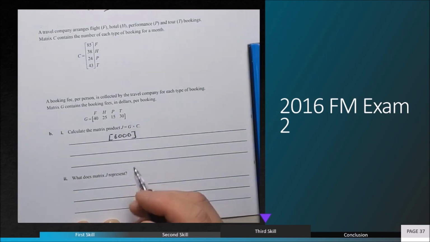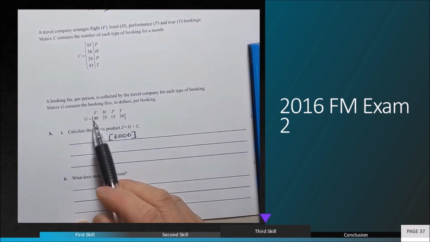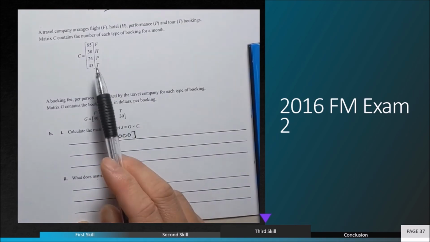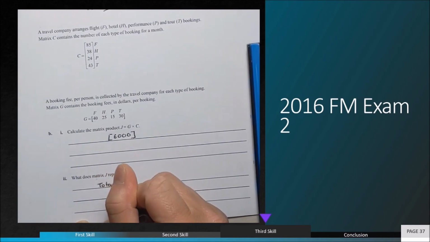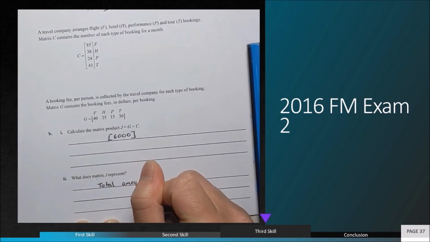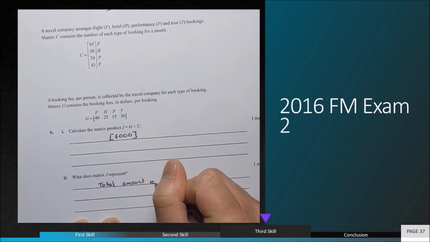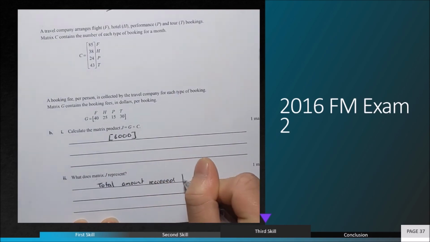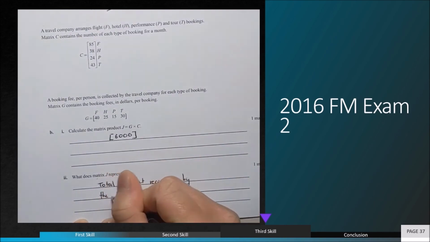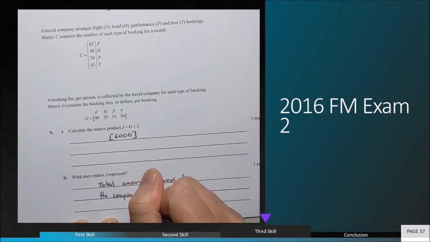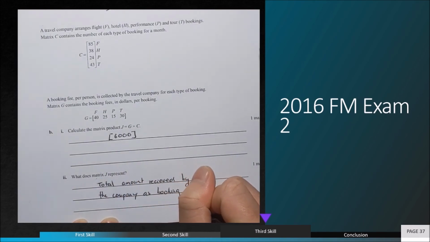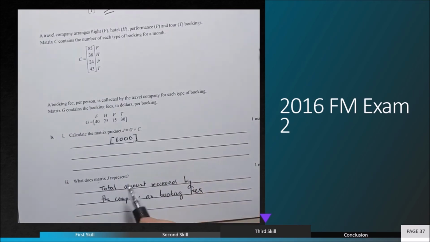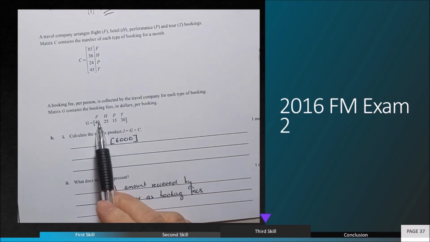And what does J represent? So this is the booking fee, and this is the number of bookings. So this would be the total amount received by the company as booking fees, I would say. Because these are the booking fees for a flight.